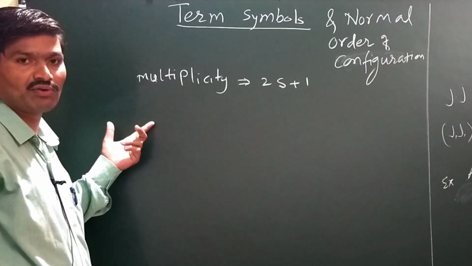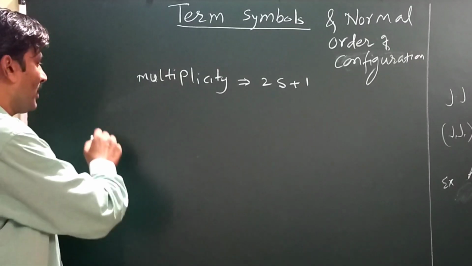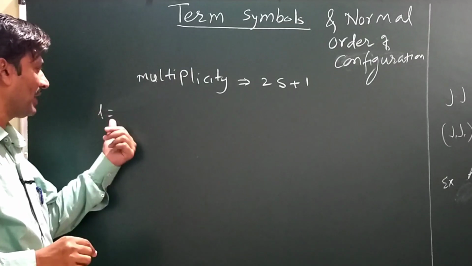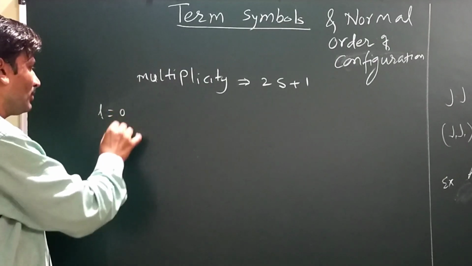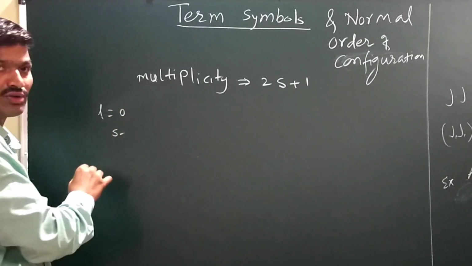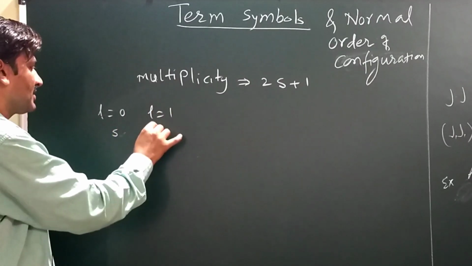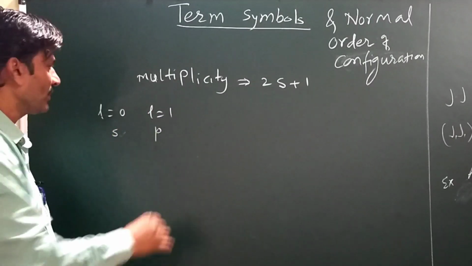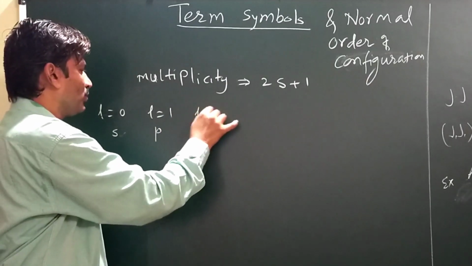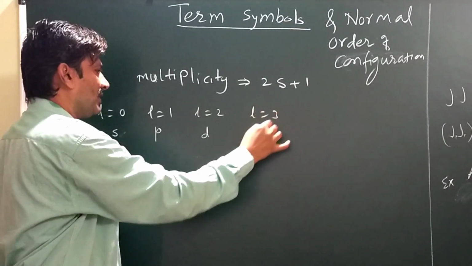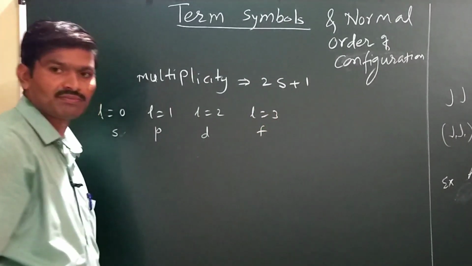As we know, for hydrogen atoms we write the small l orbital values: when l equals 0, the electron state is small s. When l equals 1, the state is small p, and so on. l equals 2 is the d state, and l equals 3 is the f state.